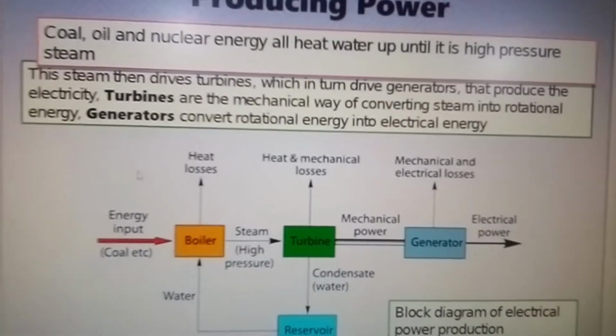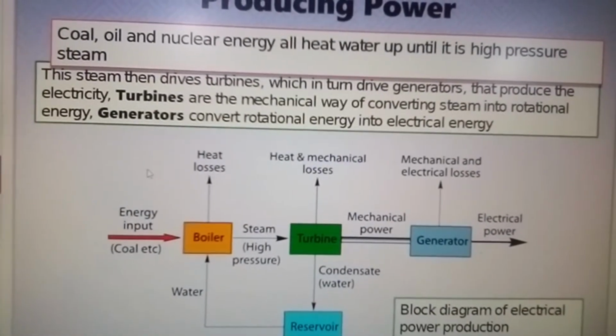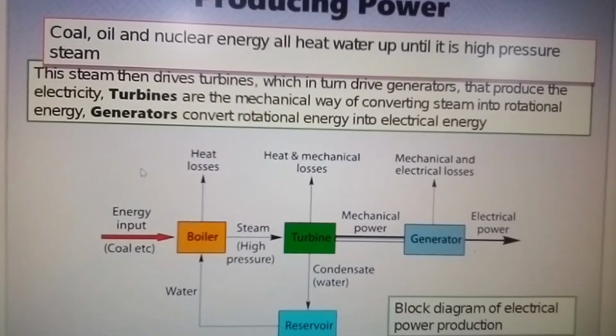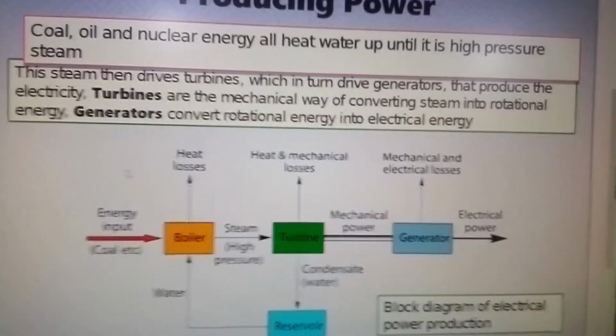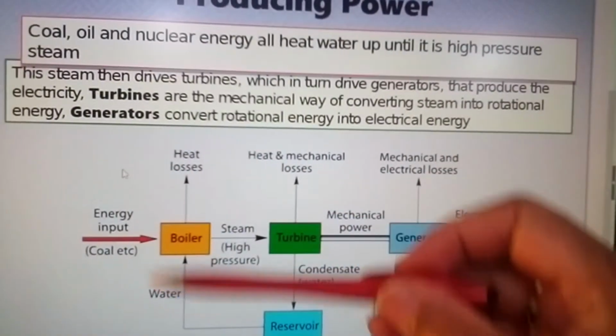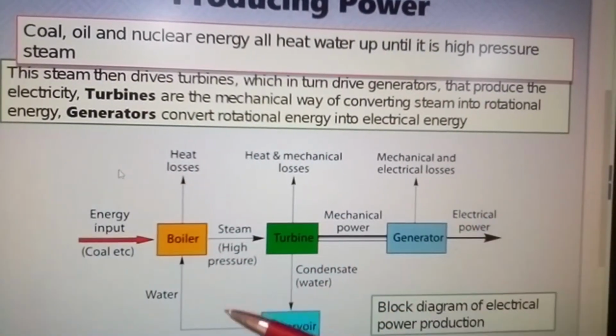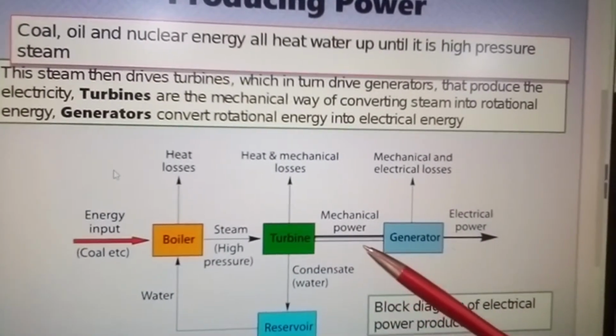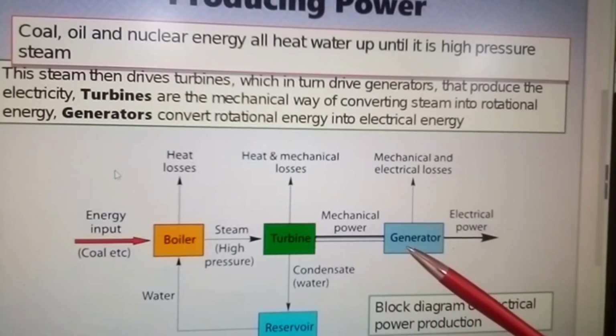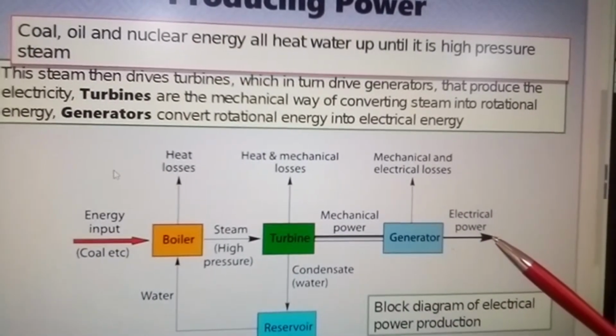Now here's producing power, how power is produced. Coal, oil, and nuclear energy all heat water up until it is a high pressure steam. The steam then drives turbines. So here you have your boiler, there's a certain degree of heat loss, your turbines turning mechanical power. This mechanical effort turns a generator, and that's your electrical power output.